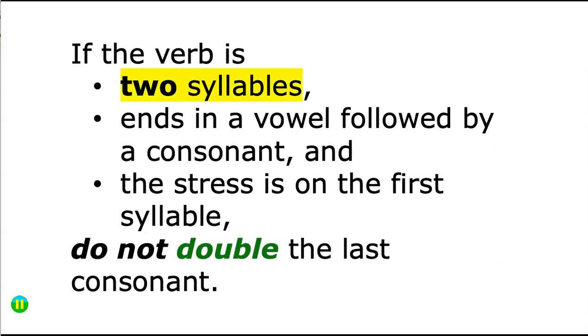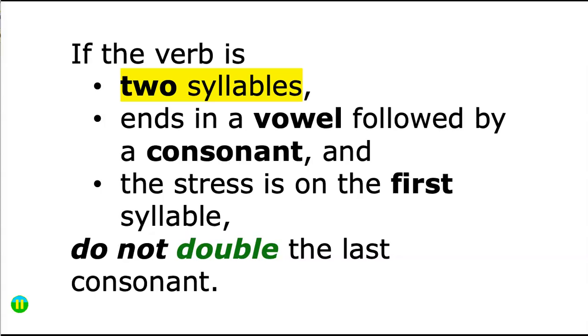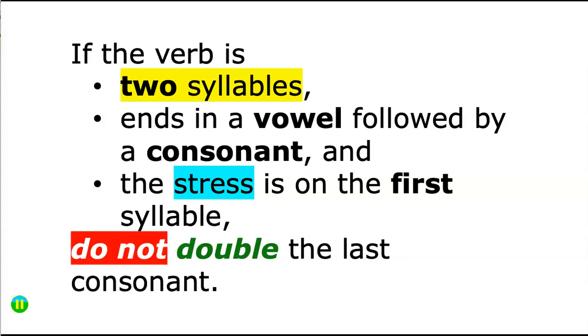Again, we are looking for 2 syllables, a verb that ends in a vowel followed by a consonant. But again, we're going to look at stress. Here, if the stress is on the first syllable, we do not double the last consonant. And here are our examples.